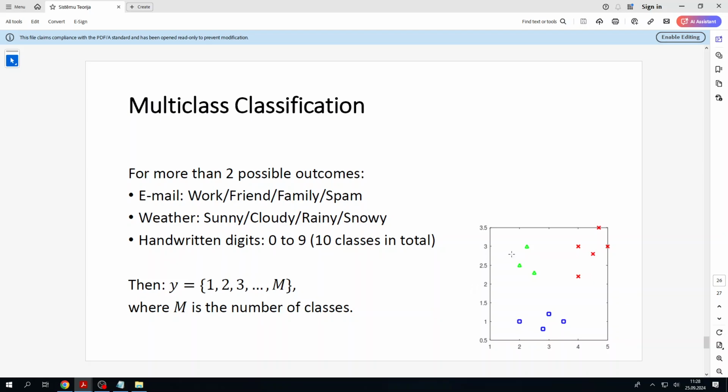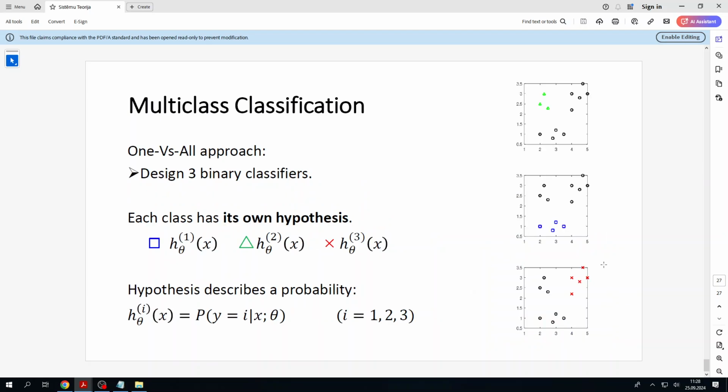Very simple, actually. We are going to split this one problem into 3 problems and create a specialized classifier responsible only for its own part. So instead of trying to make some kind of problem classifying separately triangles, separately squares, separately crosses, we are going to make 3 classifiers.